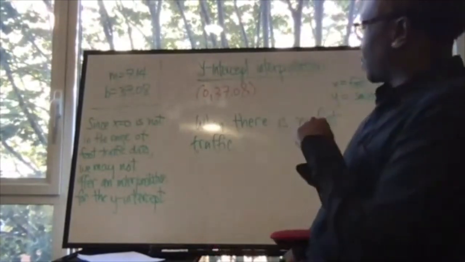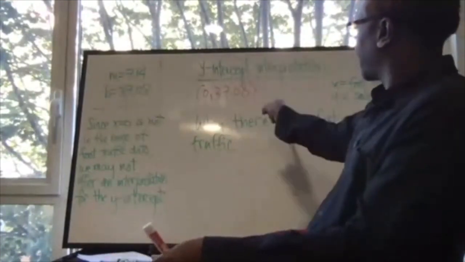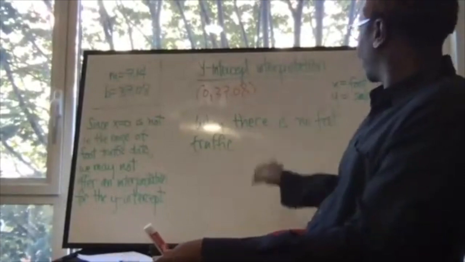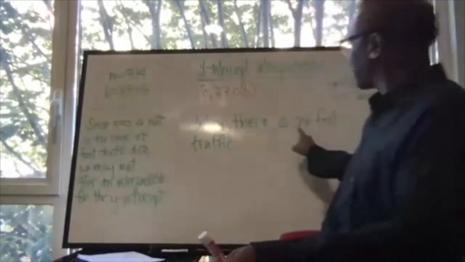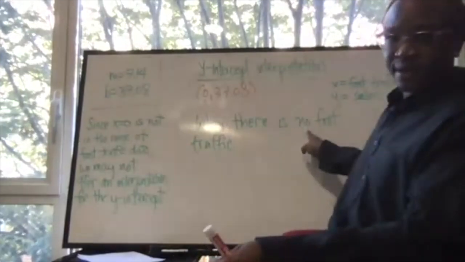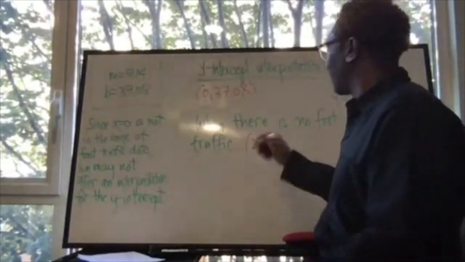Which one of those does that deal with up here in these two numbers? When there is no foot traffic represents X. You see how when I say there is no foot traffic, that's essentially saying X equals 0.